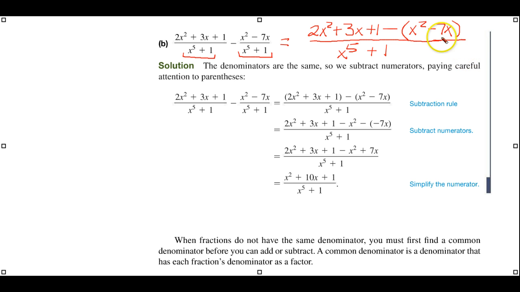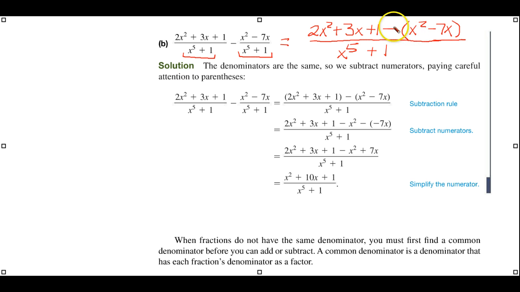Okay? But what's going on here? When you do this, from an earlier lesson, when there's a negative in front of parentheses, you remove the parentheses by just changing each of these signs.